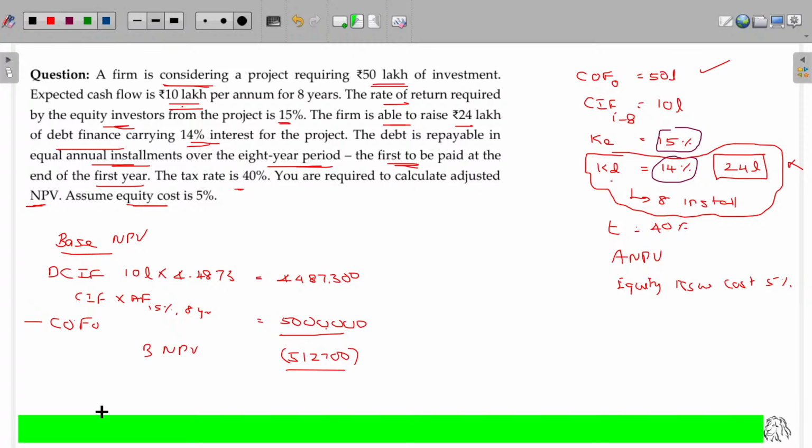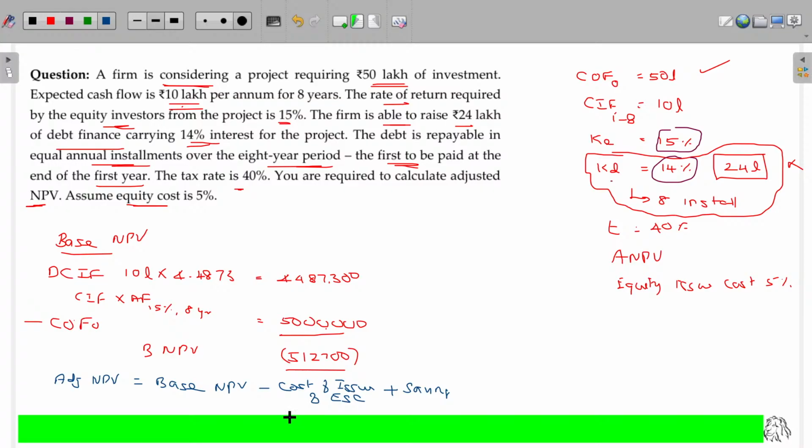Adjusted NPV is equal to base NPV minus cost of issue of equity shares plus savings due to the debt. If you borrow, then there will be savings. You have to find that out.